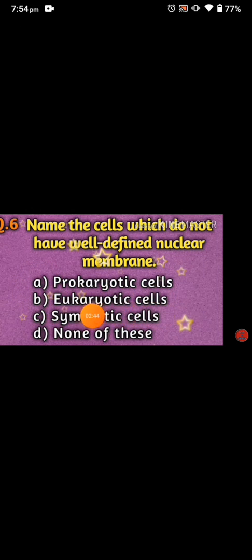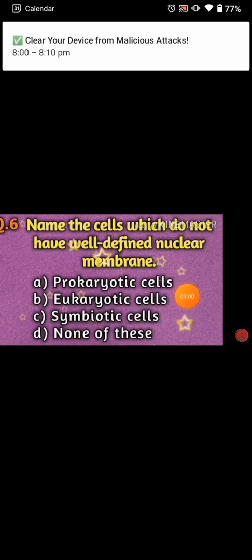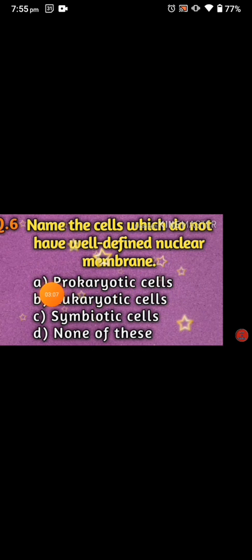Prokaryotic, eukaryotic, symbiotic, or none of these. Prokaryotic means primitive cell. Eukaryotic means true cell. A primitive cell doesn't have any nuclear membrane. The nucleoplasm is mixed with the cytoplasm. That is called a primitive cell, which means prokaryotic cells.